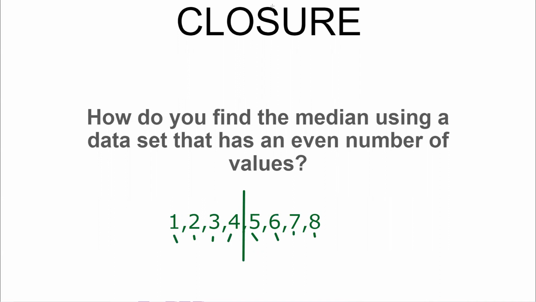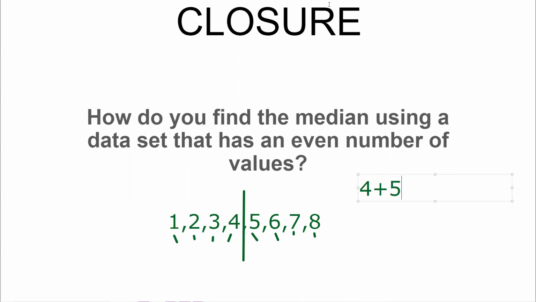So when you're trying to find the median of a set of data that has an even number of values like this one example below, what you're going to be doing is finding the mean of the middle. And so the middle is going to be between 4 and 5. So we're going to add those together.